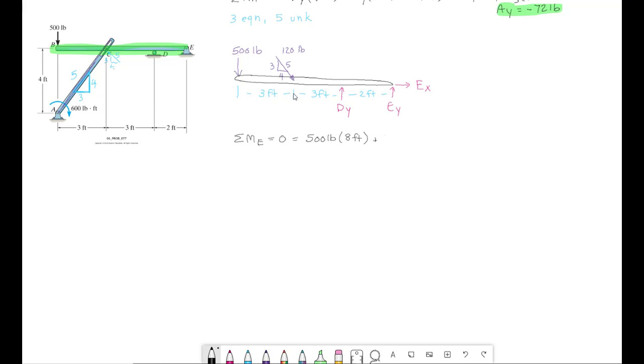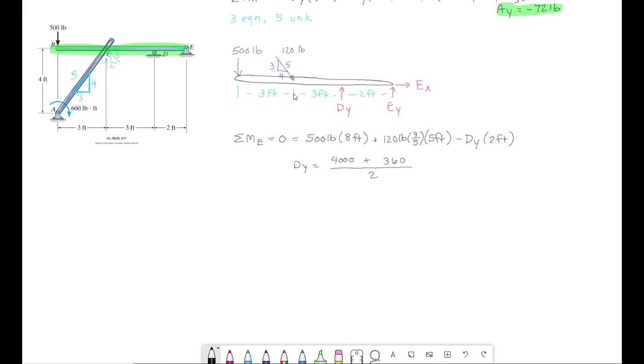Plus 120 pounds, but I don't need all of it, I just need the vertical component, so 3/5. And that's a distance away of 5 feet. And then I'm going to do minus DY times 2 feet. DY is going to cause clockwise rotation.